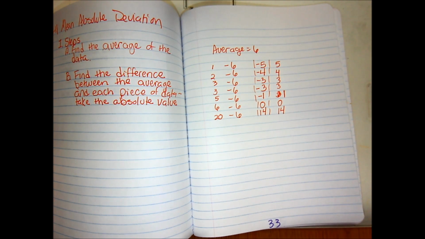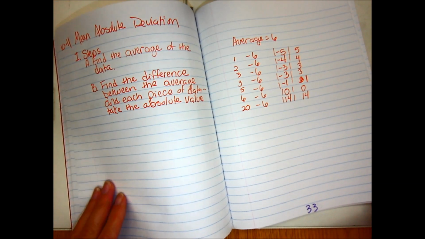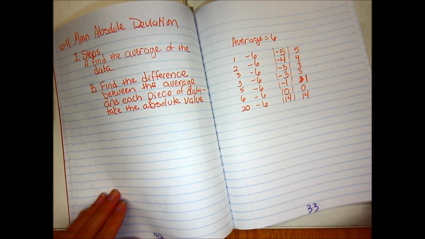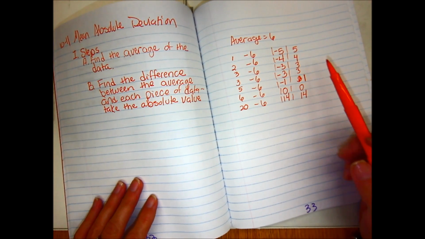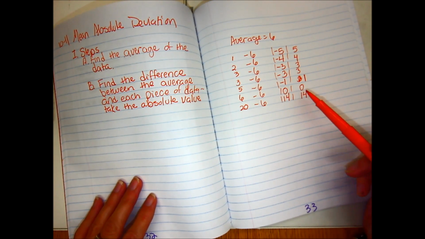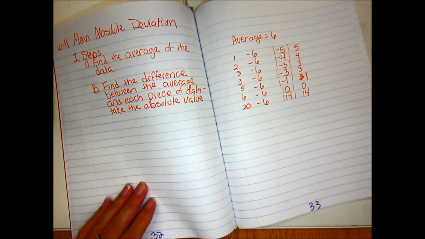I'm finding distance between. I'm not finding range. I meant distance. So they all have to be positive. Okay, so now I know how far away each piece of data I collected was from that average of 6.